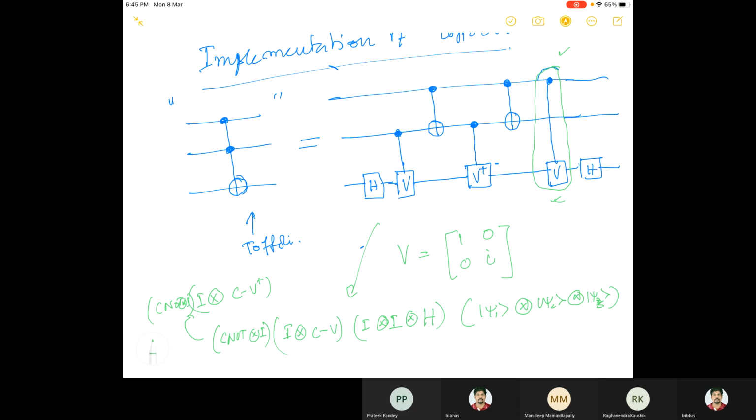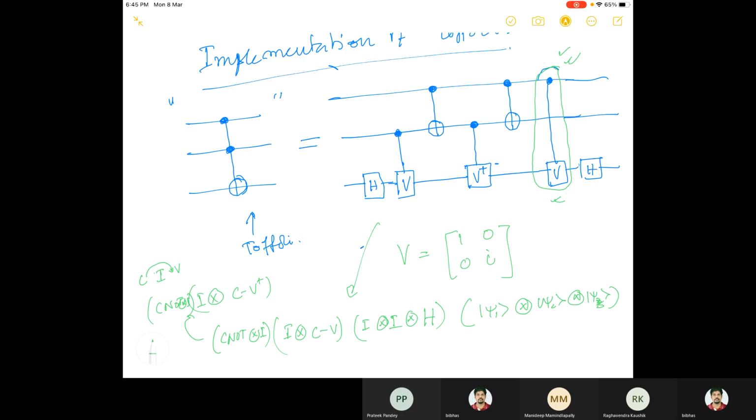And then again, and this is the tricky part: on the second qubit nothing is acted on, while on the first qubit and the last qubit there is an action. So it is very difficult to write, but let me write I and this C, and V here.